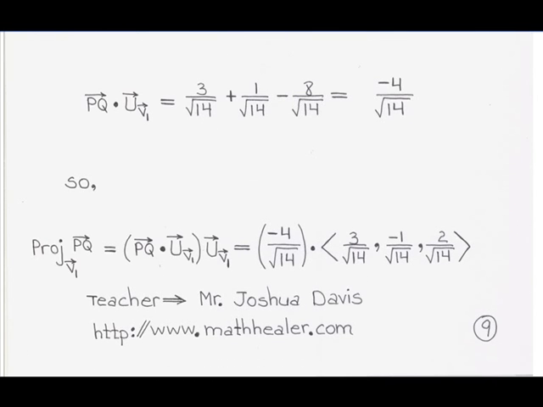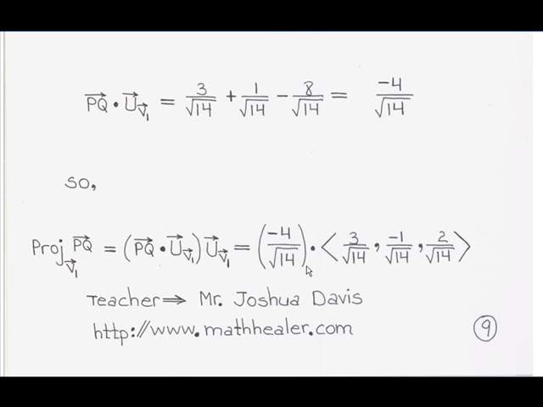So here is what we know now, that the projection of vector PQ onto vector V1 is equal to the dot product of vector PQ with the unit vector V1. This scalar quantity is then going to multiply the unit vector of vector V1. And here it is. We have the scalar quantity of this dot product multiplying times the unit vector of vector V1.